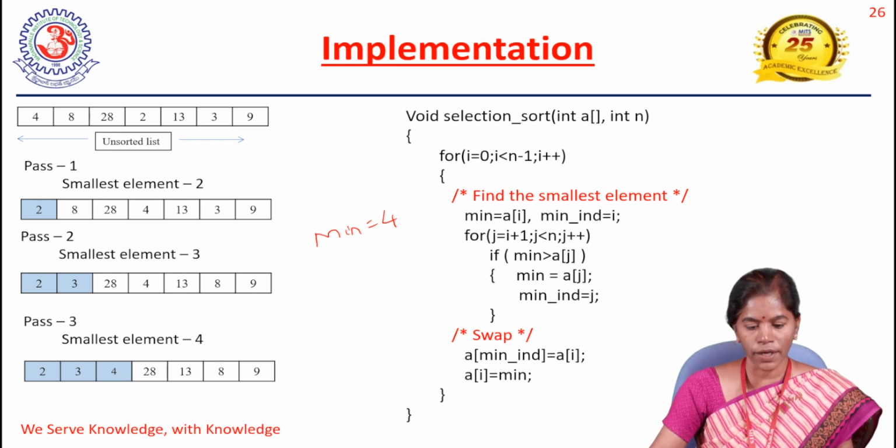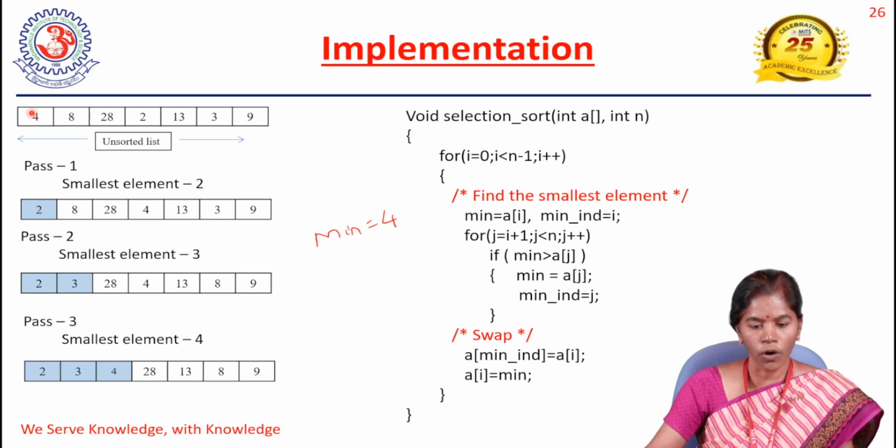Once we find the minimum element, you can see the smallest element in the list is 2. Once we find the 2, 2 and 4 are swapped. 2 occupies position number 0. 0 is in which variable? i.